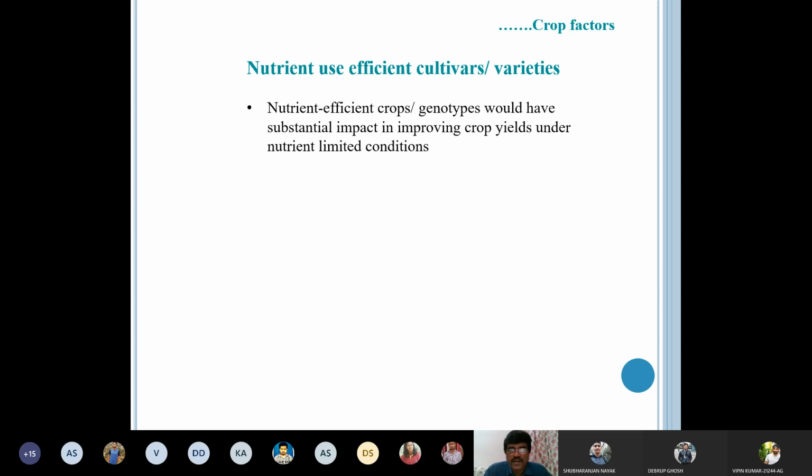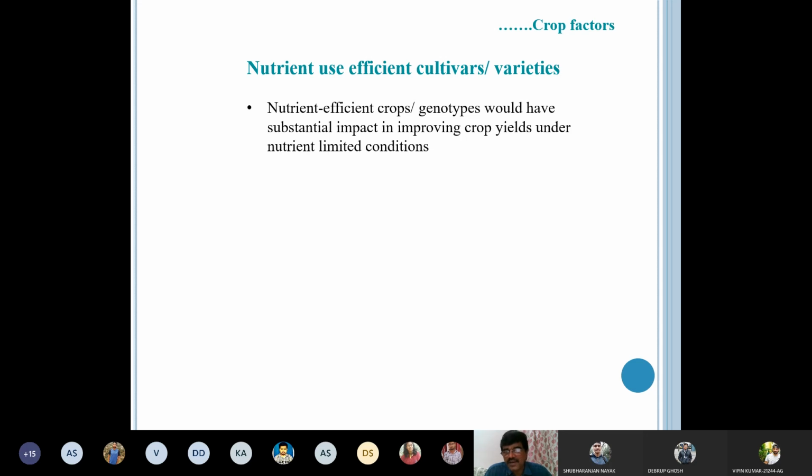So now we need to see what are the nutrient use efficient cultivars. Nutrient efficient crops or genotypes would have a substantial impact in improving crop yields because it does not need extra investment. You just need to select a particular variety which can use zinc, iron, phosphorus, nitrogen better.